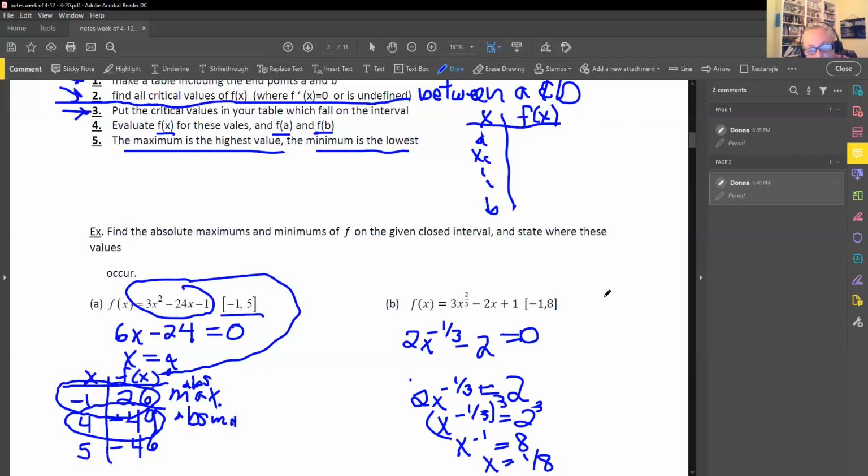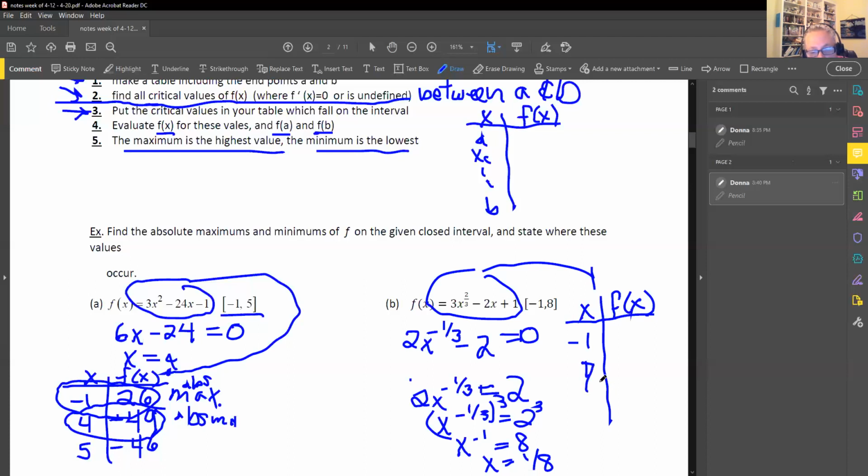Now, I'm going to just test all my values. I'm plugging into f of x, where f of x is this. I'm going to test -1, 1/8, and 8.